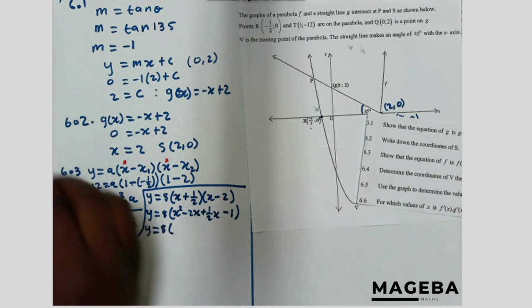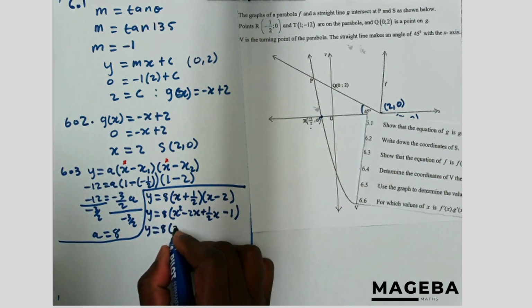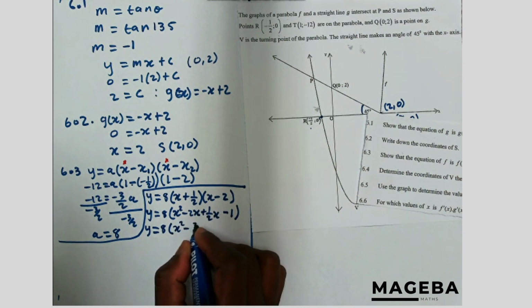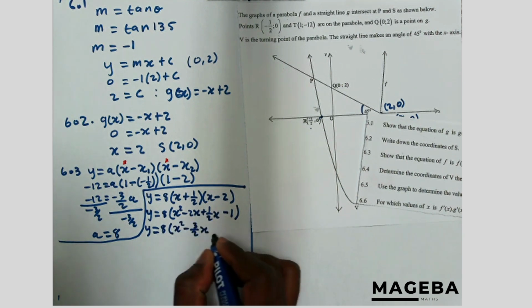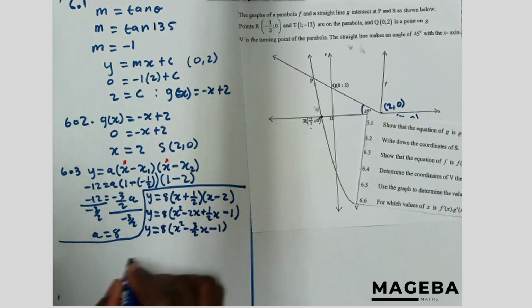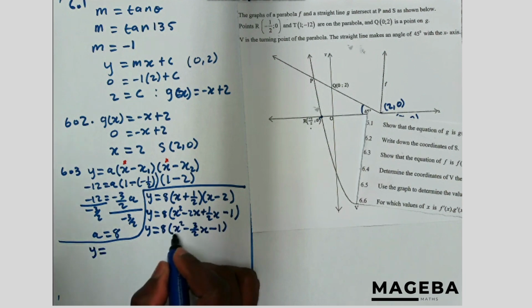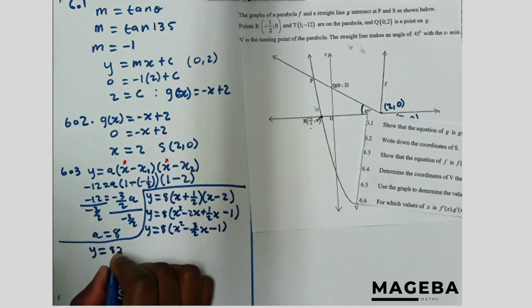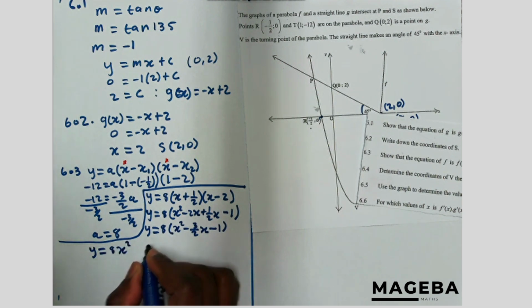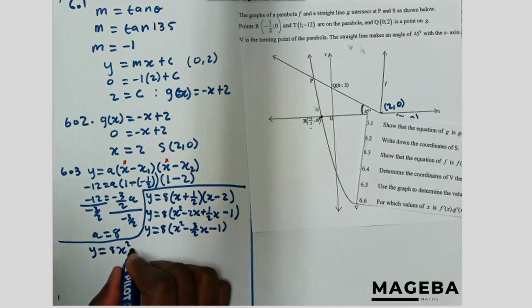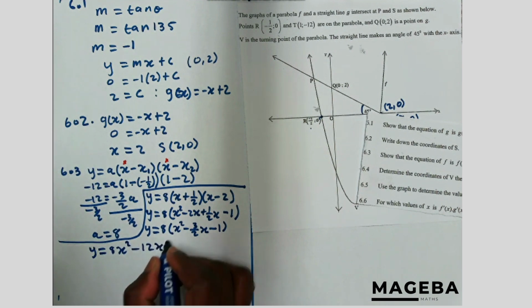Then y is equal to 8 into x squared, negative 2 plus 1 over 2 is just negative 3 over 2x, and minus 1. From here we're just going to times by 8, so it's going to be 8x squared, and then 8 times negative 3 over 2, it's negative 12x, and then 8 times negative 1, it's what?